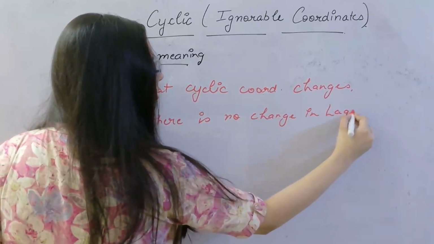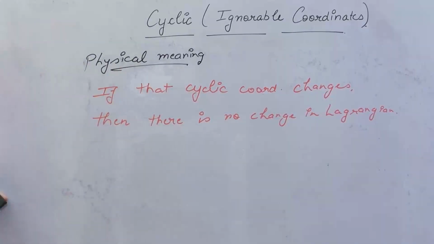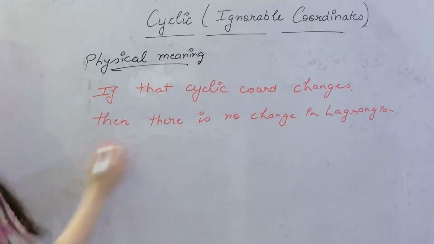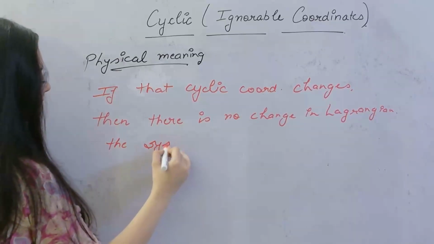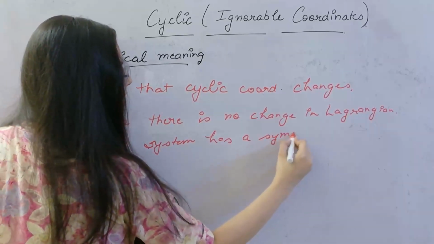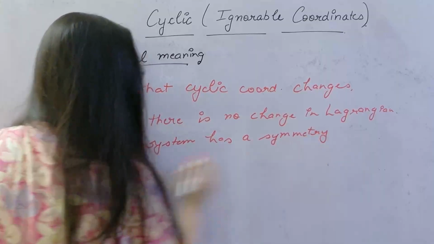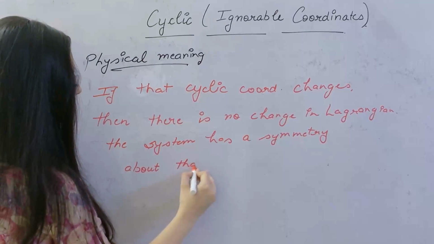And what does that mean? If there is no change in my Lagrangian, it means that my Lagrangian and my system are symmetric about that particular coordinate. It means that the system has a symmetry about that coordinate.